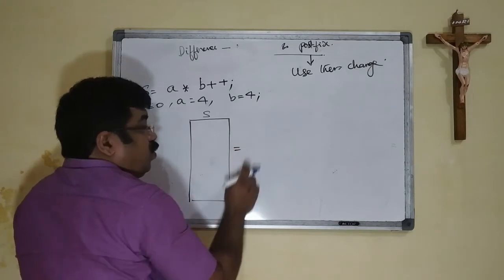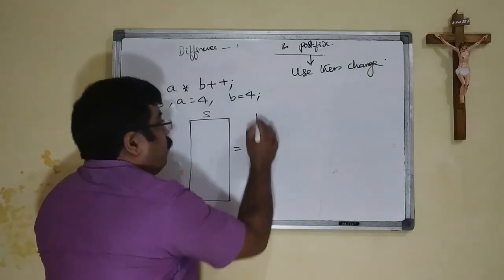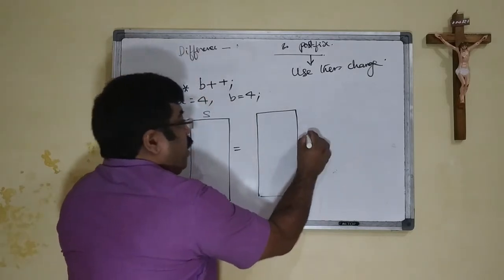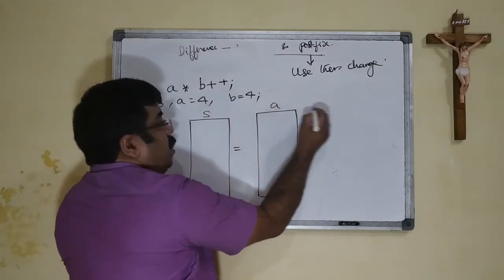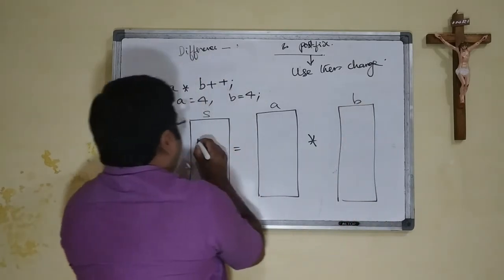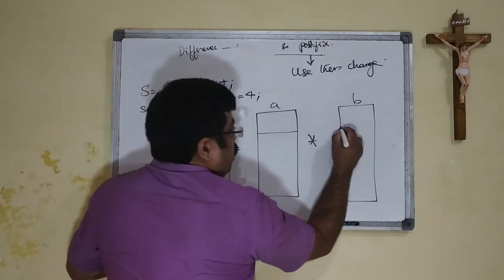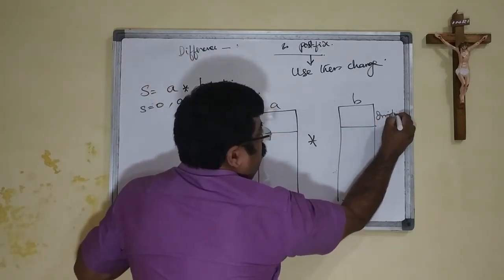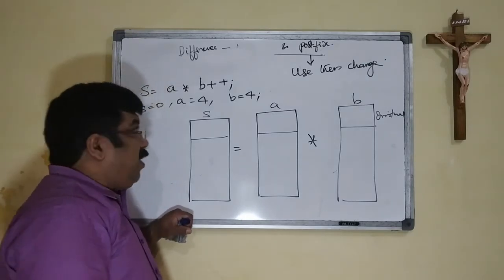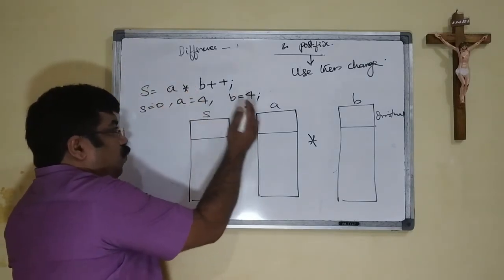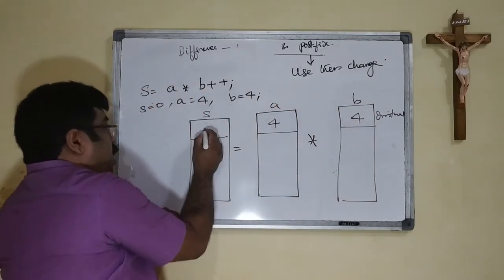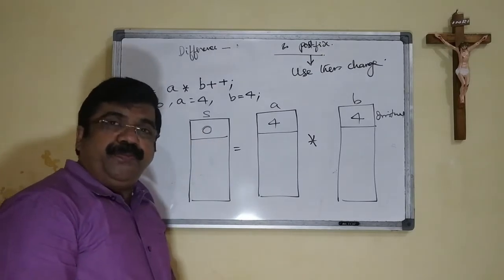S is equal to A multiplied by B. First of all, see the initial values of all variables. A had a value 4, B had a value 4, S had a value 0.